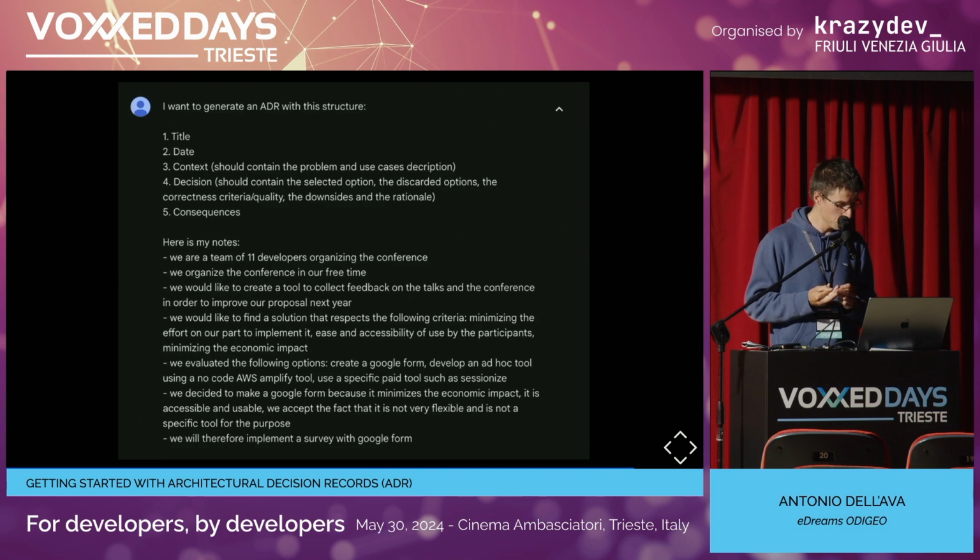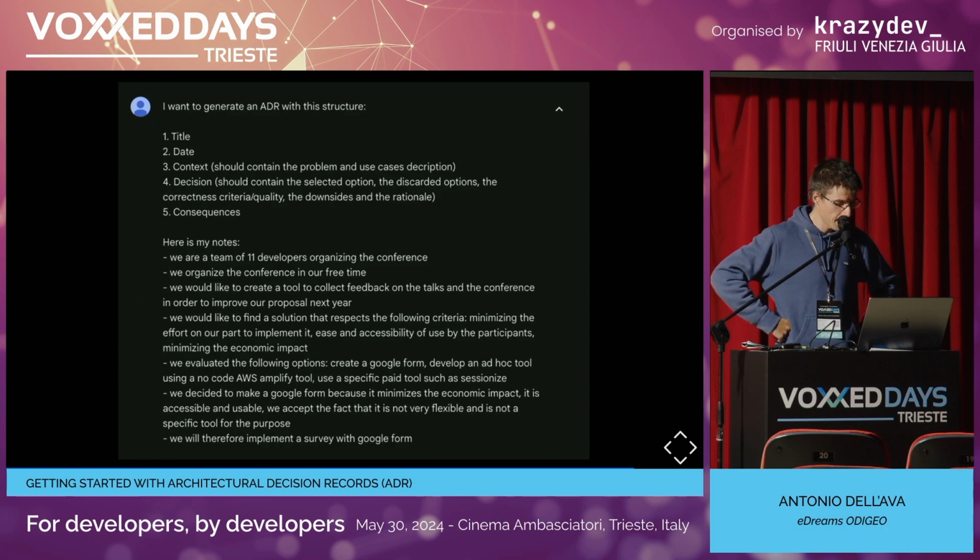We would like to find a solution that respects the following criteria: minimizing the effort on our part to implement it, easy and accessible, obviously for the participant, and minimizing the economic impact. We evaluated the following options: create a Google form, develop an ad hoc tool using a no-code tool like AWS Amplify, or use a paid tool specific for the conference like Sessionize.